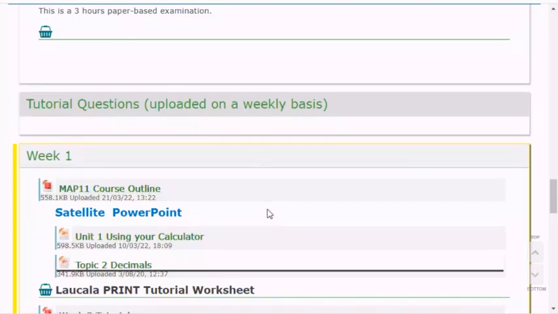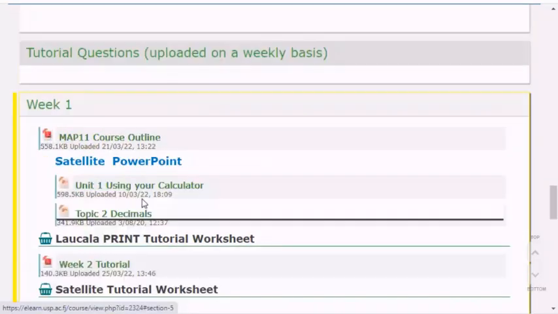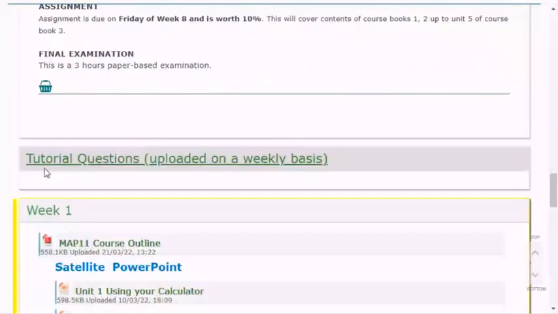We've covered Unit 1 and Unit 2. I want you to have a look at these questions again, and by the end of this week, once you've completed the questions, I'm going to upload the solution to the tutorial questions. I'll try and put them here under the tutorial questions so that you're able to check your answers.